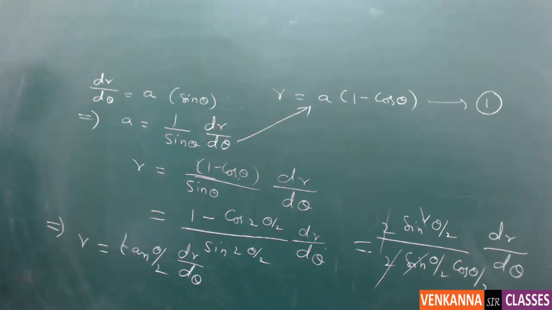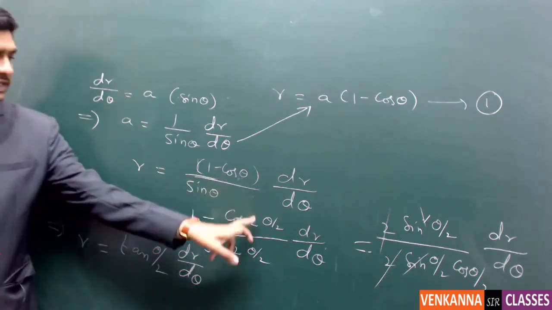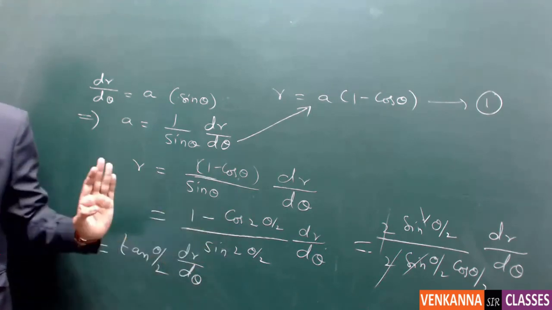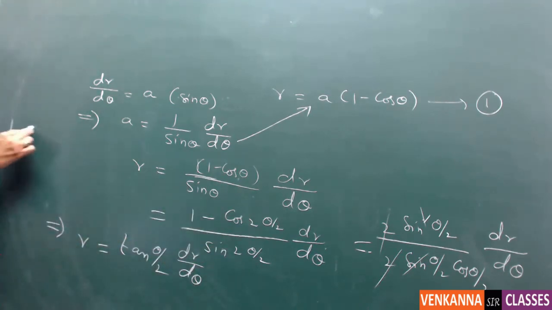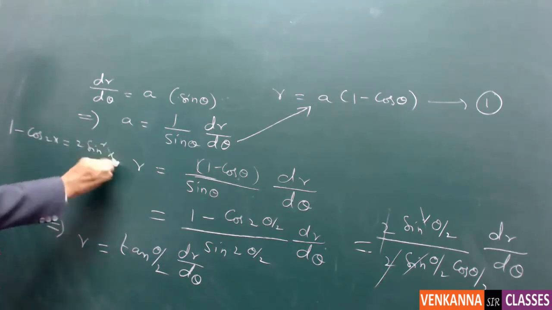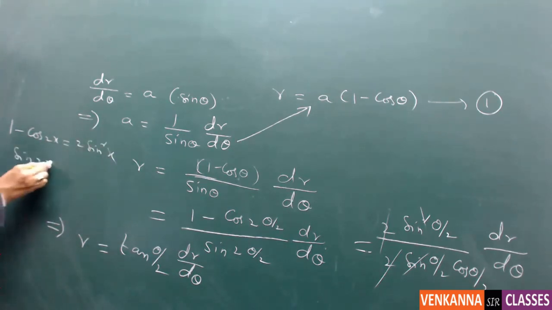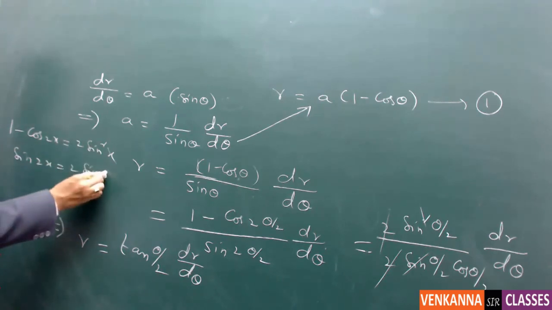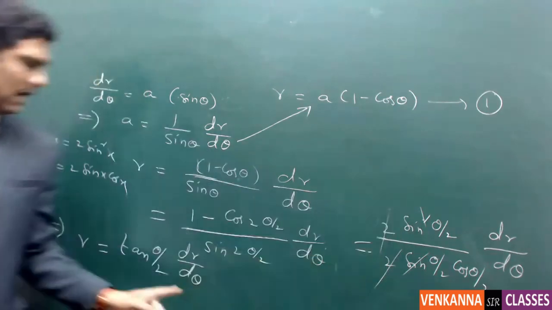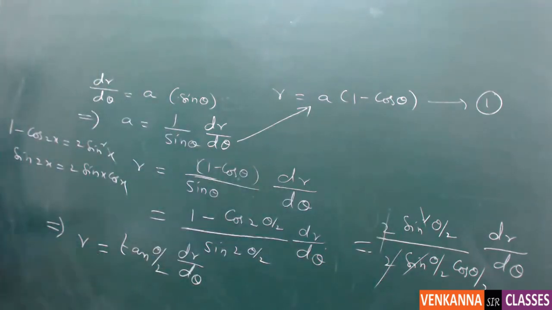To simplify that, cos theta is written in terms of theta by 2 and sine theta is written in terms of theta by 2. So we have the formula 1 minus cos 2x is equal to 2 sine square x, and sine 2x is nothing but 2 sine x cos x. So these formulas are used here and this is our result. Fine. So here x is nothing but theta by 2.